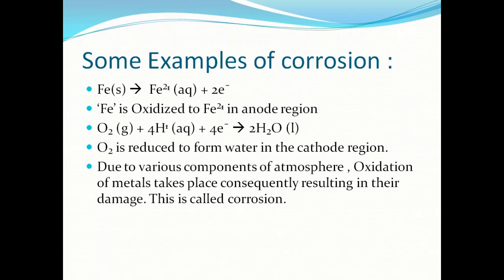When ferrous ions migrate from the anode region, they react with water and get further oxidized to form ferric ions. Due to various components of the atmosphere, oxidation of metals takes place, consequently resulting in their damage, which is called corrosion.